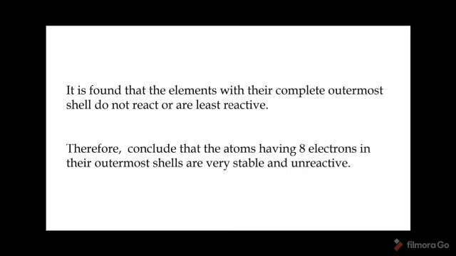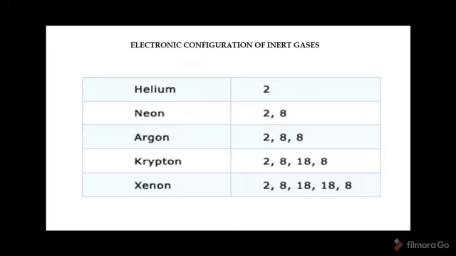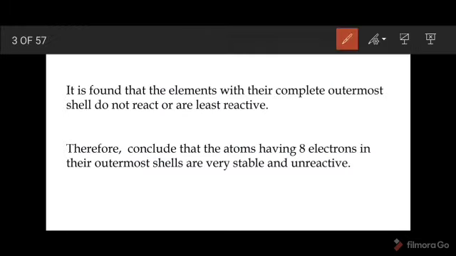It is found that elements with a complete outermost shell of 8 electrons, that is an octet electronic configuration, do not react or are least reactive. Therefore, we conclude that atoms having 8 electrons in their outermost shells are very stable and unreactive.